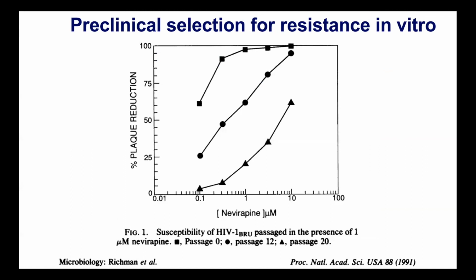HIV. The next class of drugs that came along were the non-nucleoside RT inhibitors, and nevirapine was the first to be approved.